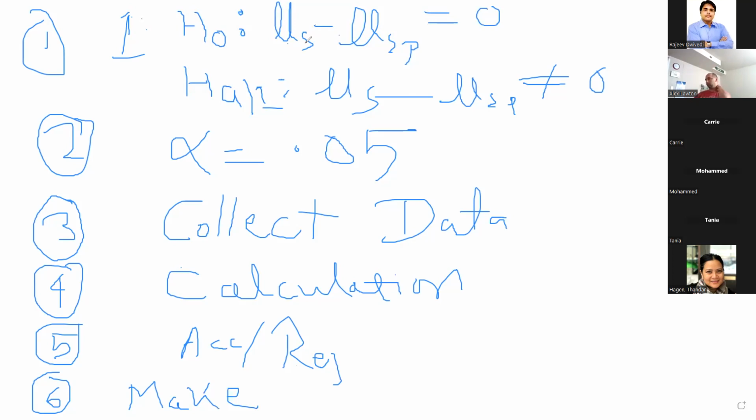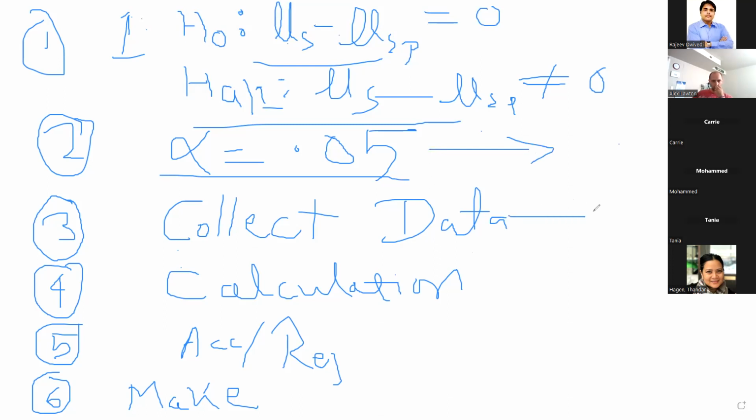Somebody is saying Spokane housing prices are more. My friend is saying Liberty Lake housing prices, and we are not reaching a conclusion. Eventually we decided, okay, let's do it statistically. So we made the null hypothesis, we made the alternative hypothesis, we decided this is our decision rule, 5% level of significance. Now the next step is to collect data.